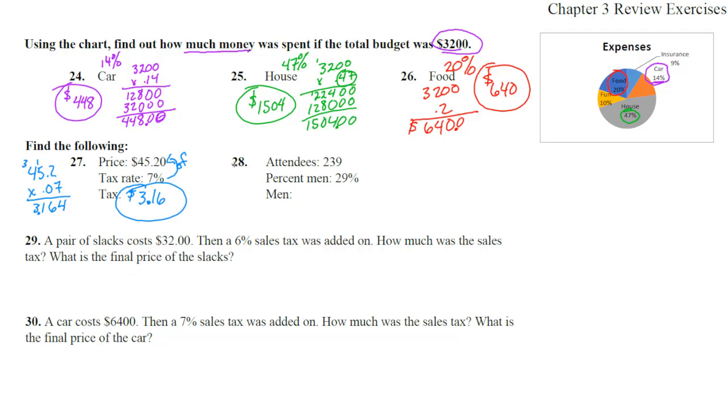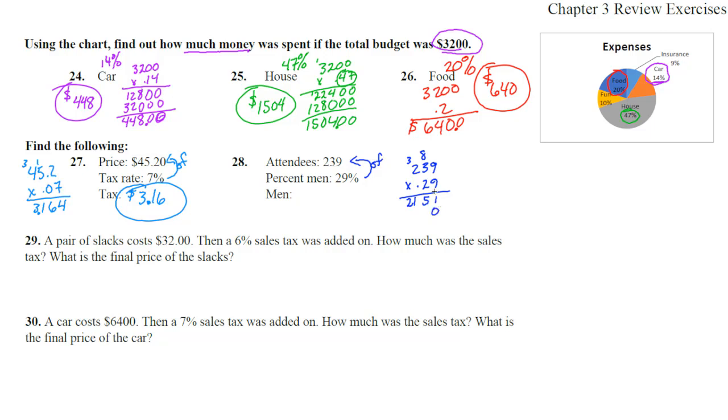Okay, 28. 239 total attendees. The percent that are men is 29%. So we need to do of again. 29% of 239, so 239 times 0.29. 9 times 9 is 81. 9 times 3 is 27, plus 8 is 35. 9 times 2 is 18, plus 3 is 21.